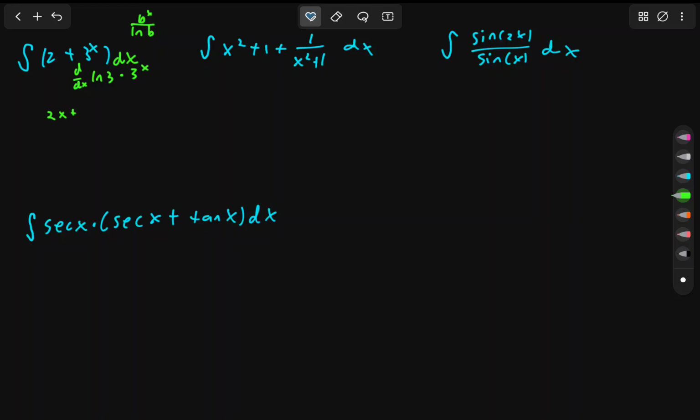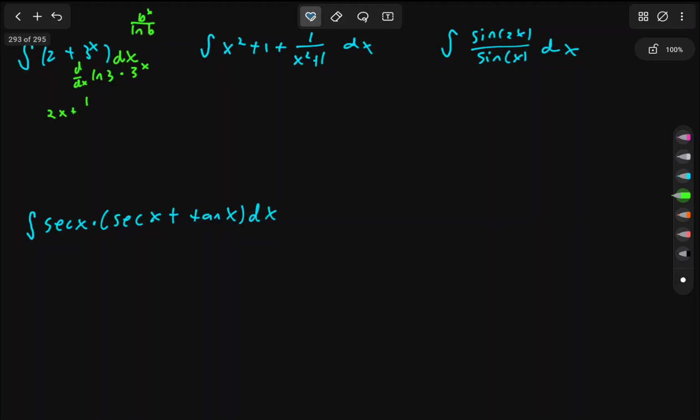Just because these functions are inverses, like multiplication and division are inverses. So we get 3 to the x divided by the natural log of 3. And always remember your constant of integration.